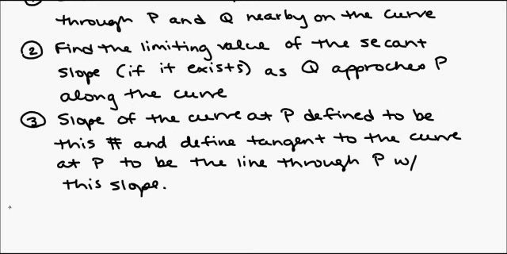Step 3, the slope of the curve at P is defined to be this number, and we define the tangent to the curve at P to be the line through P with this slope. So the slope of the tangent line is the limit of the secant slope as Q approaches P along the curve.